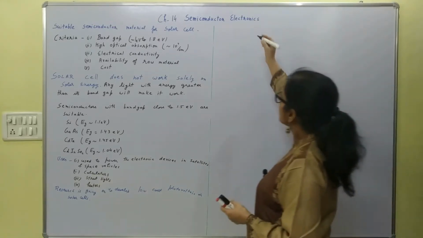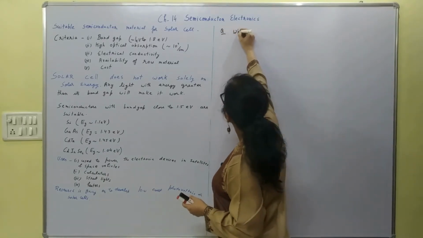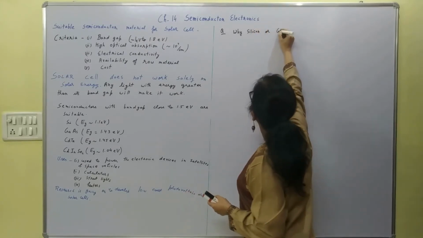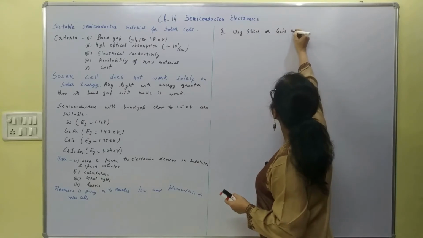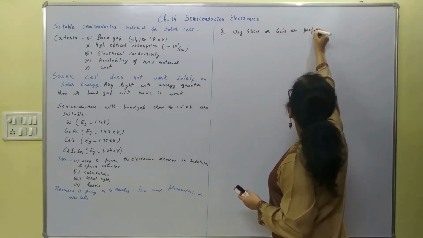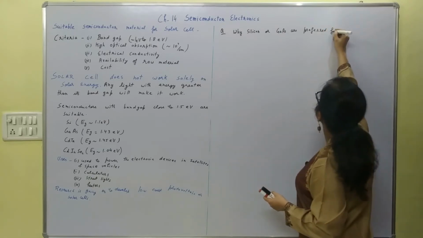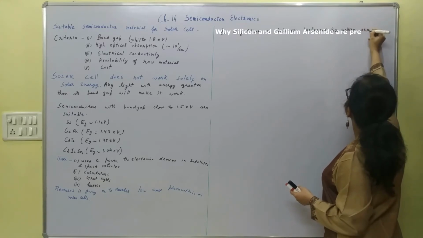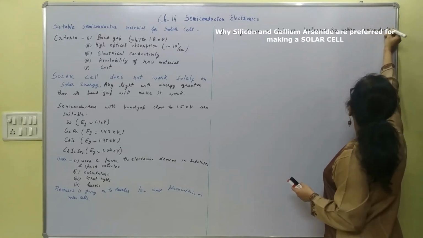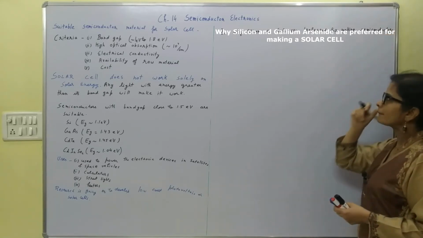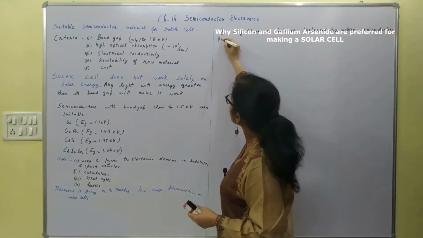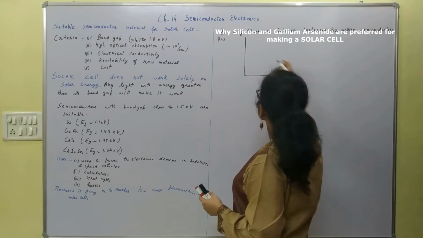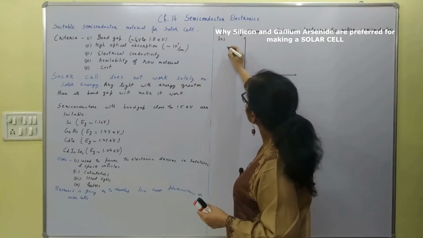So first I'll just mention the question, why silicon or gallium arsenide are preferred for making solar cells. For this we will have to draw the solar radiation intensity spectrum, or you can say the solar radiance.